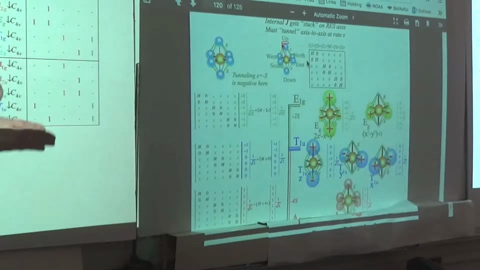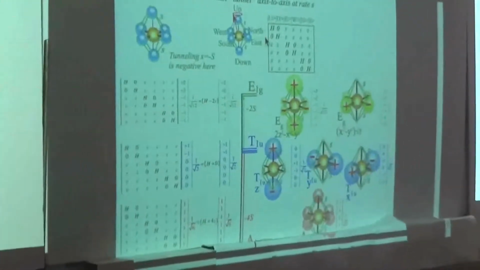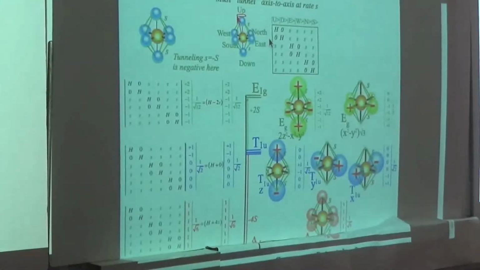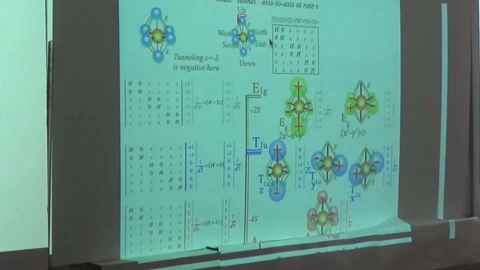So you have a singlet, a triplet, and then an E1G, and then there's that ratio of 2 to 1 splitting between E and T1. Doubled is the splitting between T1 and A1G at the bottom there.